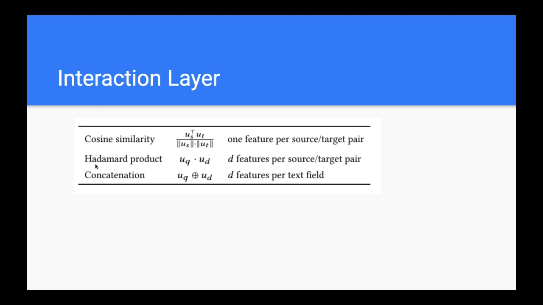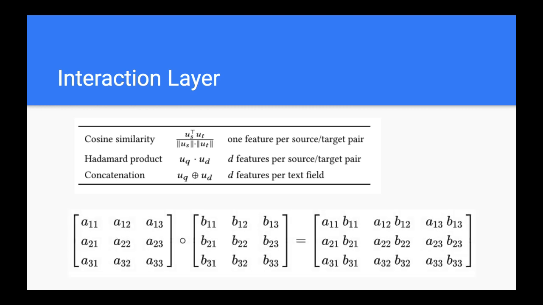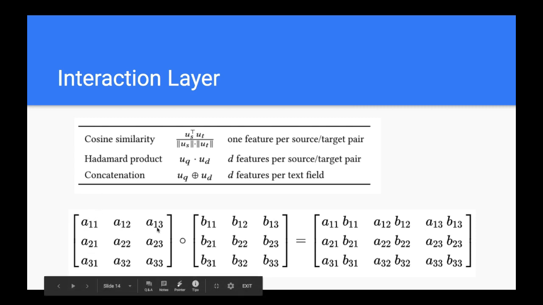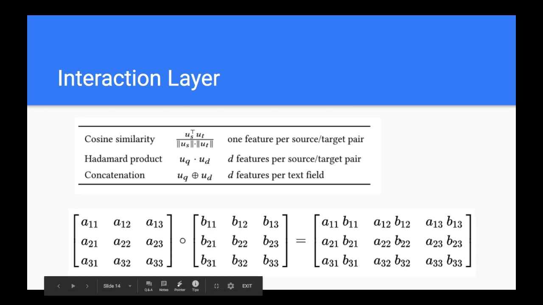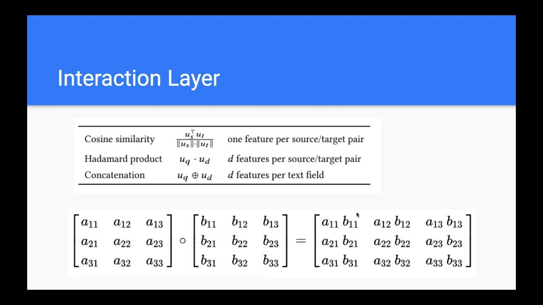And another one is the Hadamard product. If you don't understand what the Hadamard product is, it's very simple. You have 2 matrices, and the operation is like this. You multiply matrix element A1,1 with matrix element B1,1, and so on. So it's very straightforward. If you have D features for one document, then after the Hadamard product, you will still have D features for the similarity.